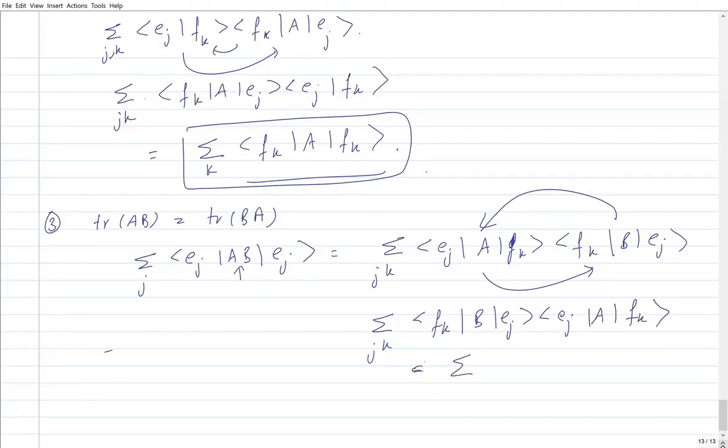This is going to be f_k, BA, f_k. So evaluating trace of AB is the same as evaluating trace of BA.